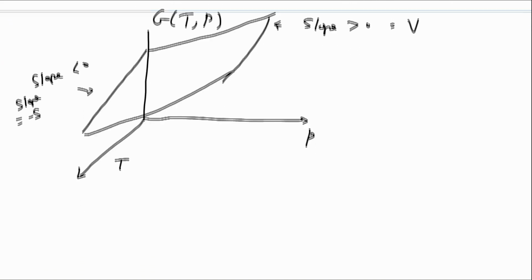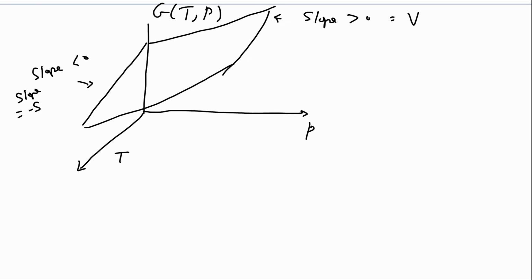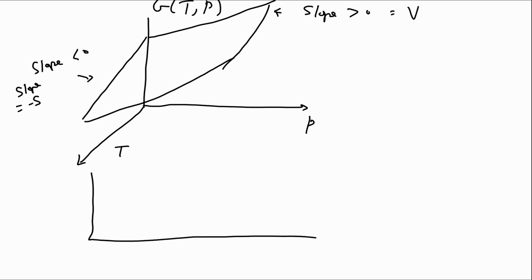And we're getting into this new stuff here, which I think Kyle already mentioned. I think I drew this picture already. So this is G as a function of T, and let's say P equals 1 atmosphere.